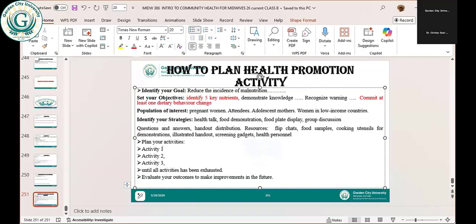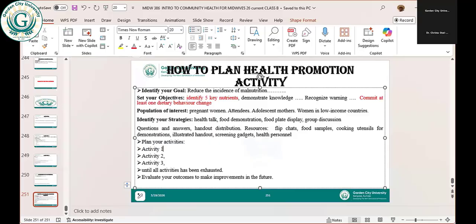You prepare the food for them to see. Activity 4 is where you display your food plate. Activity 5 is where they come into a discussion to brainstorm on what they have learned so far. So on it goes.